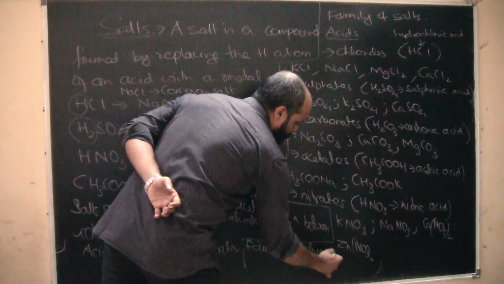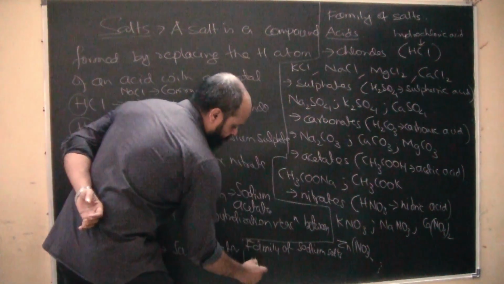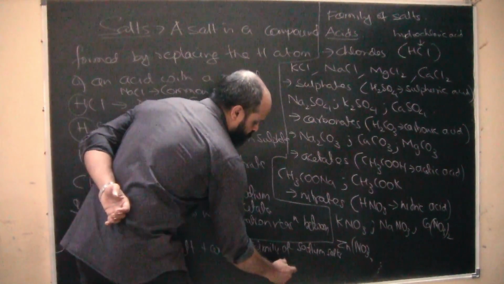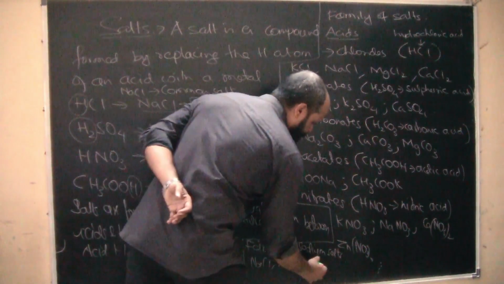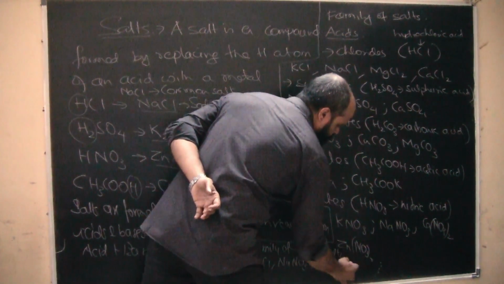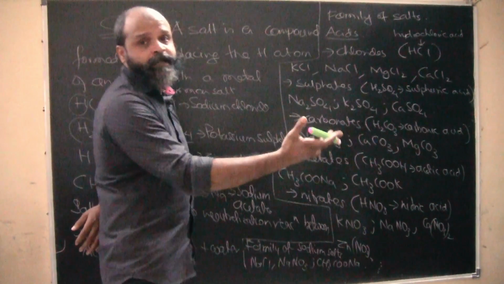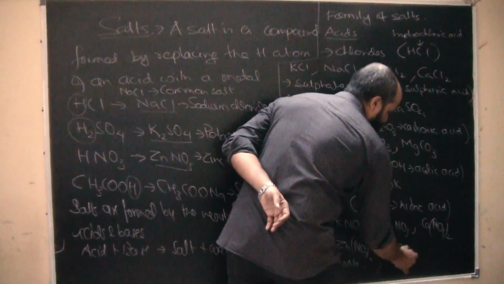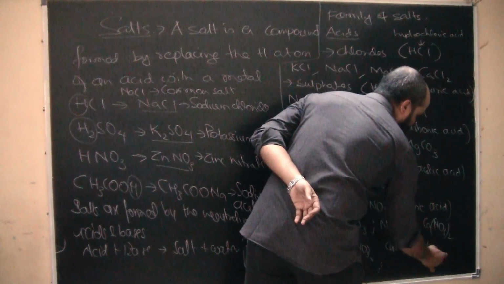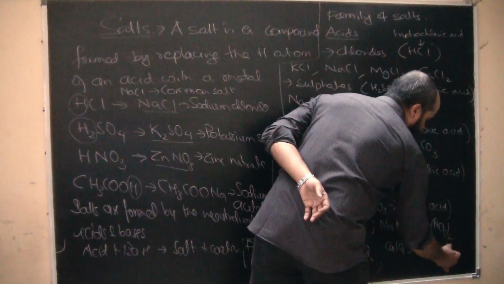In this case, we will have sodium chloride, sodium nitrate, sodium acetate, and so on. If we say family of calcium salts, this will be calcium sulfate, calcium chloride, calcium nitrate.